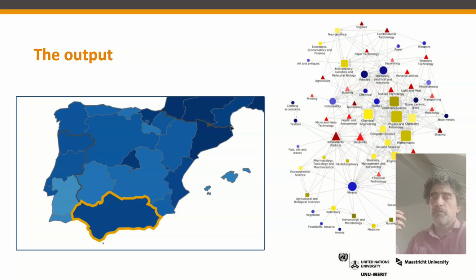class. We also saw that there are ways of computing if products or activities are related between them. So in this case, for example, it's a matrix of all the activities that countries do. So for example, here in blue there are export markets, in yellow there are scientific activities, in red there are technologies, and how they are connected.